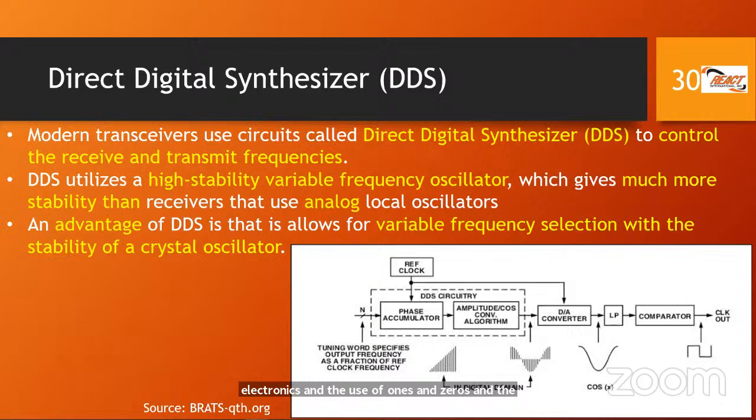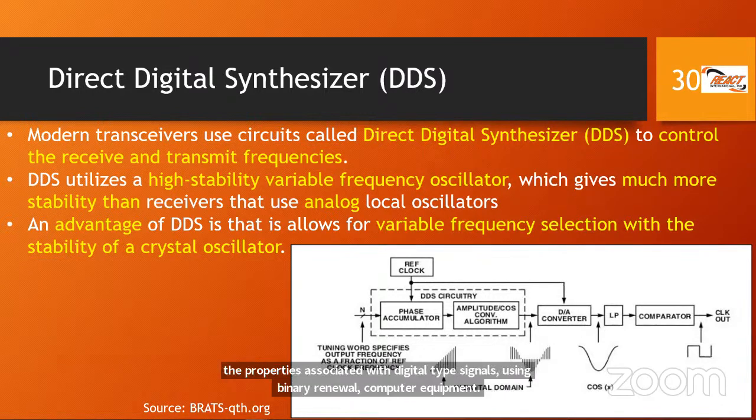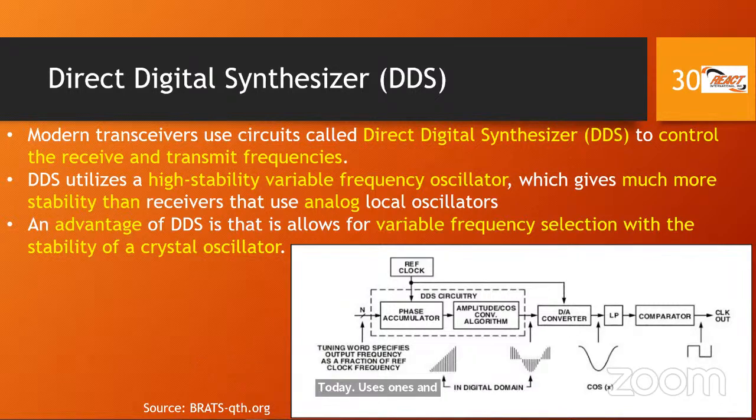Using binary, we know our computer equipment today uses ones and zeros. Digital circuitry talked about the different types of gates. And of course, in amateur radio today, we still do use analog circuitry and analog signals, but digital now is very much in play as it relates to modern equipment in amateur radio.